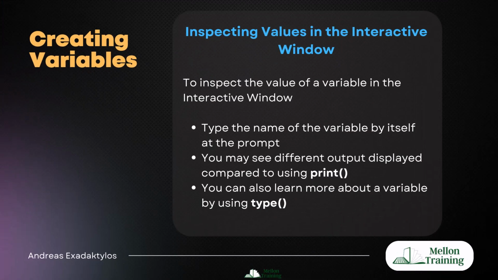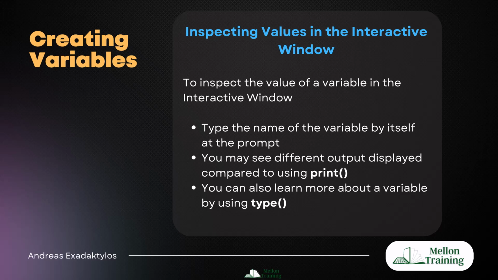When working with variables, it's nice to be able to inspect the values, and you can do that inside the interactive window. To inspect the value that a variable holds right now, you can type the name of the variable by itself at the prompt. Just typing the name by itself at the prompt will often display something different compared to using print.